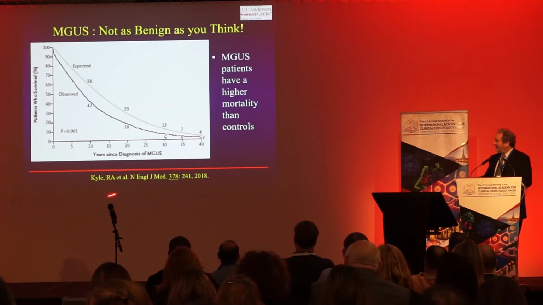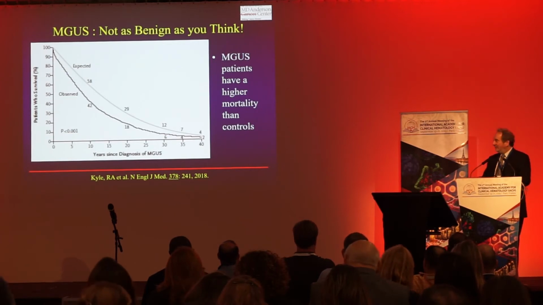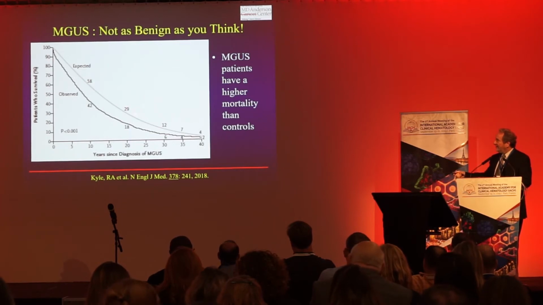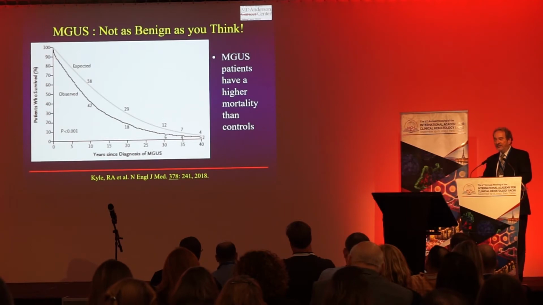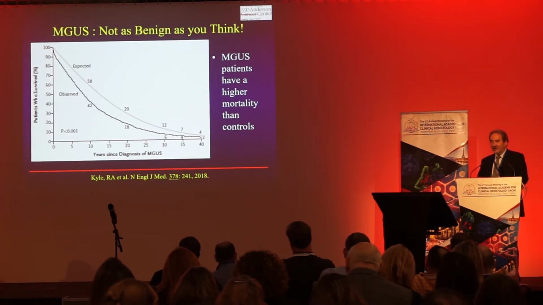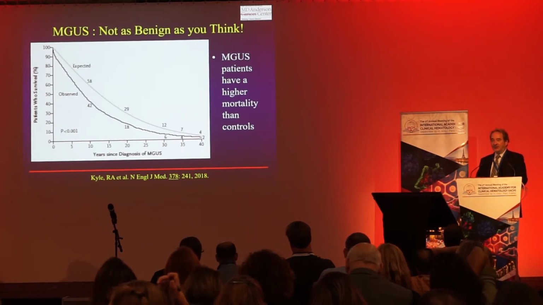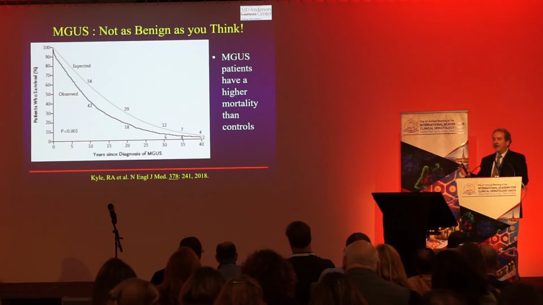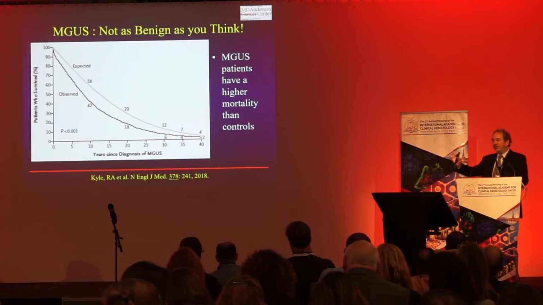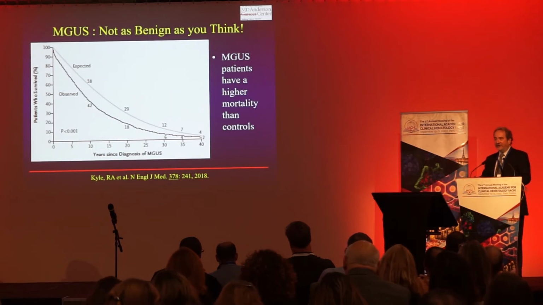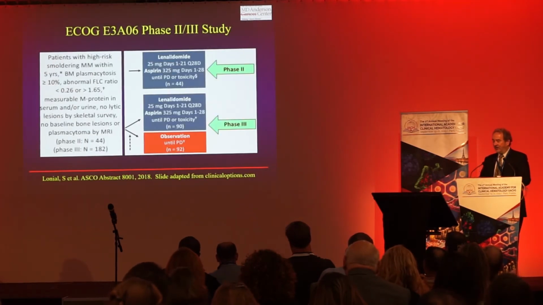And here from a recent paper from Bob Kyle, who's the godfather of myeloma and MGUS in particular, you can see that compared to the expected outcome of patients that are age and sex matched, the observed outcome for patients with MGUS is not as good, and they do develop higher risks of other cancers. So there is definitely some kind of additional dysfunction here, and we should not just necessarily say, oh good, your MGUS hasn't changed in the past year, don't see me again for 5 years. These are definitely people who need more stringent follow-up.